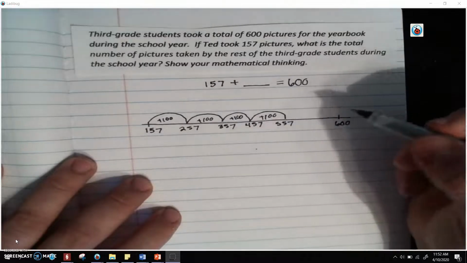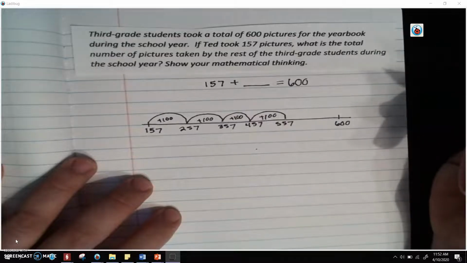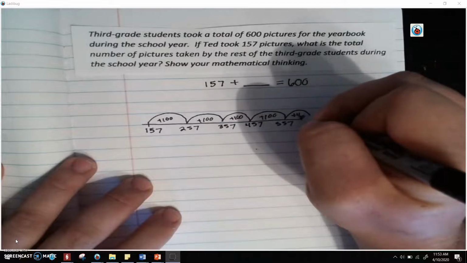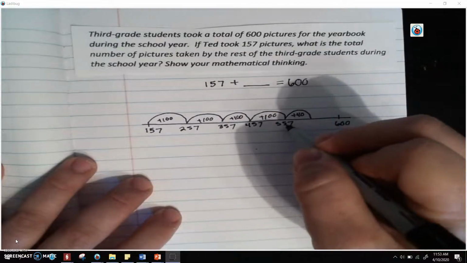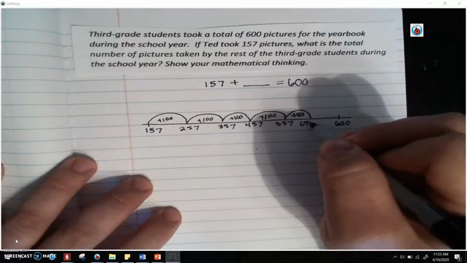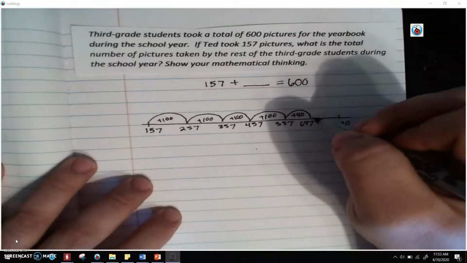If I add 10, that would be 67. I'm going to try 4 tens, which would be 40. If I add 40 and 50, that would give me 697.